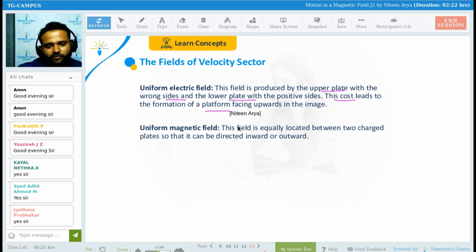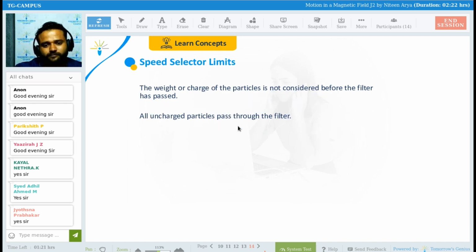The uniform magnetic field is equally located between two charged plates so that it can be directed inward or outward. Whenever we construct this particular velocity selector, we need to take care of these things.